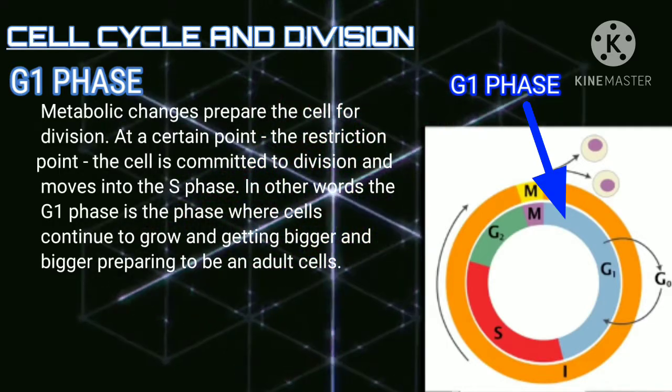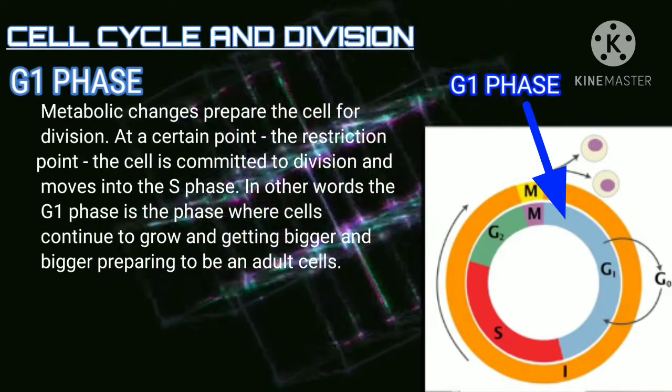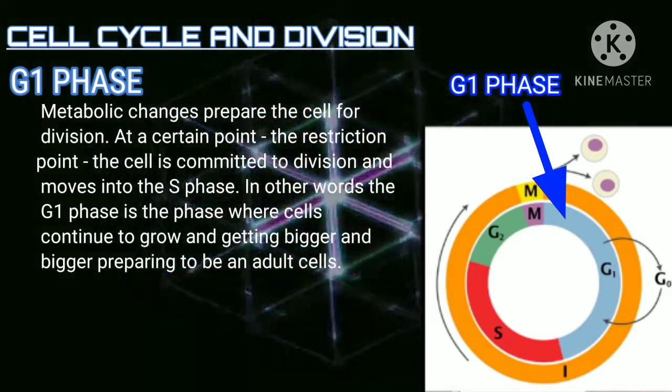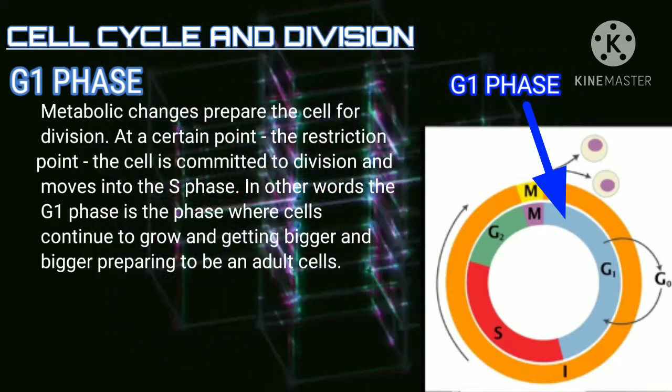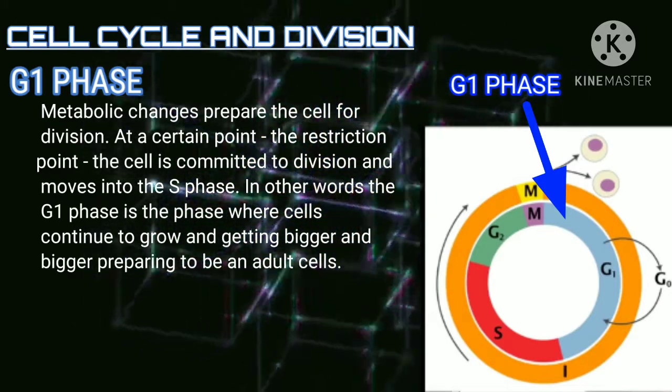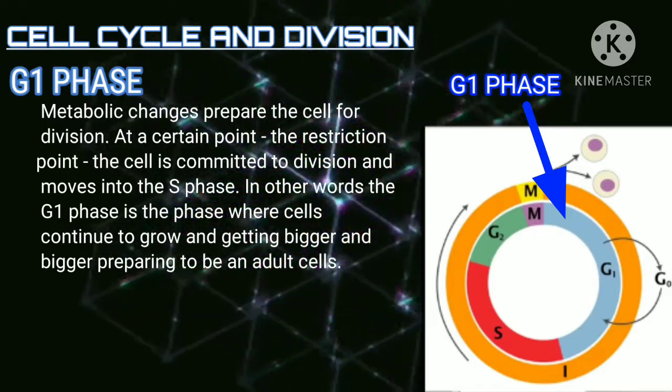In other words, the G1 phase is the phase where cells continue to grow and get bigger, like humans. They continue to mature as time passes by. The cells get bigger and bigger, preparing to be adult cells.